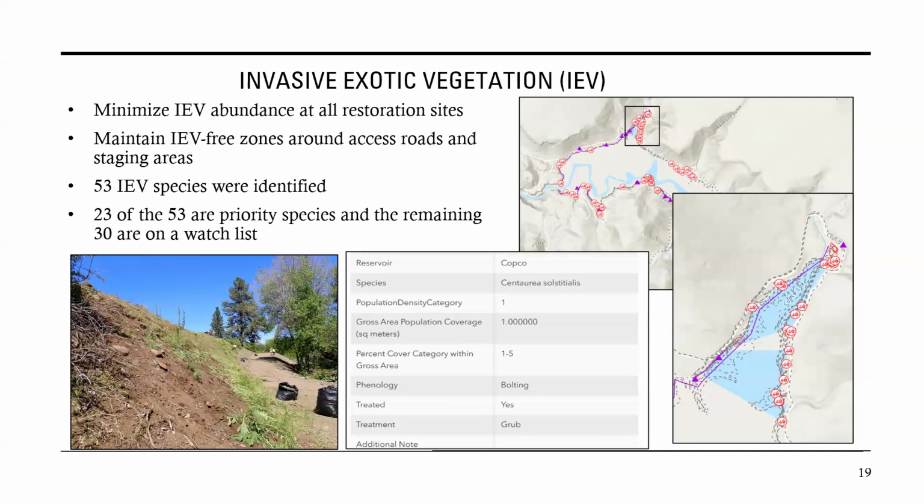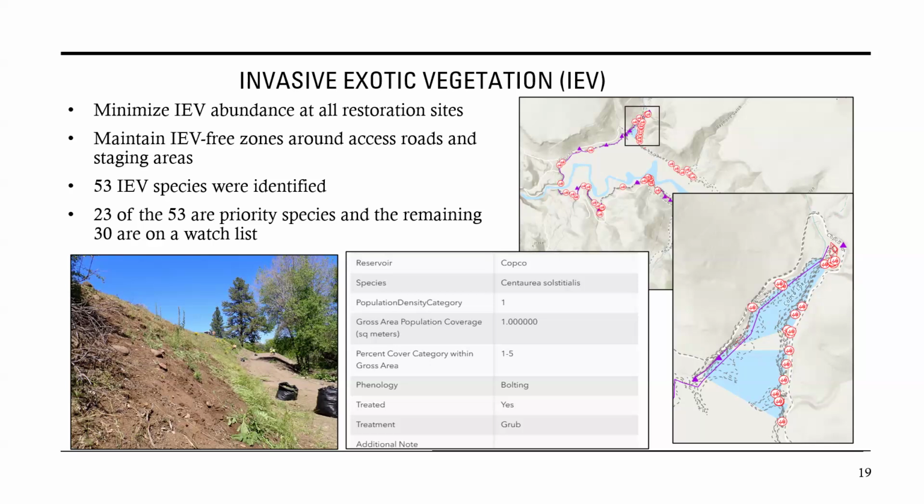When they're out mapping, they identify 53 species, and 23 of them were the priority species, and the remaining 30 are on the watch list. When they're out doing future surveys, if they identify one of these species on the watch list, they will make a plan to come back and treat that species.